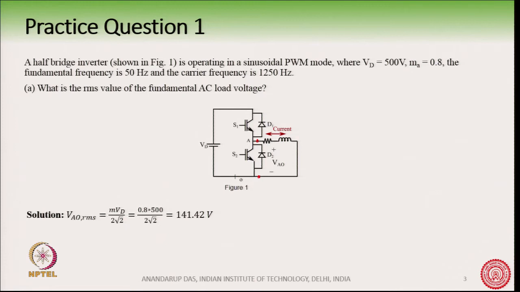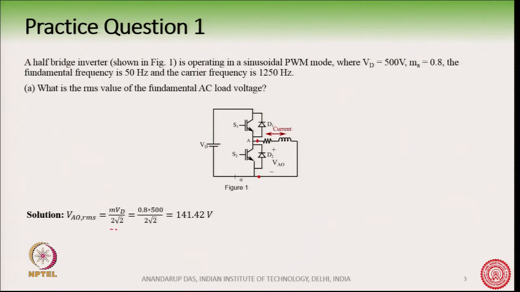We have seen in the theory that the fundamental AC load voltage is proportional to the modulation index, and since this is in linear modulation, MA equal to 0.8. So, we can say that the fundamental peak AC voltage in the pole voltage is mVd by 2.